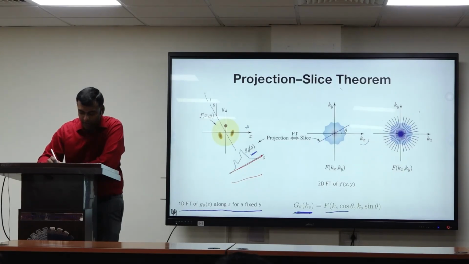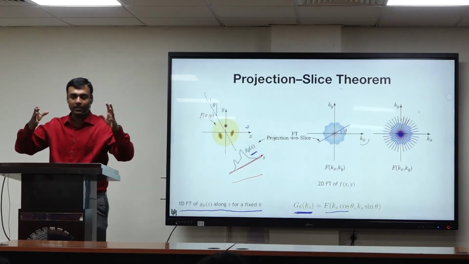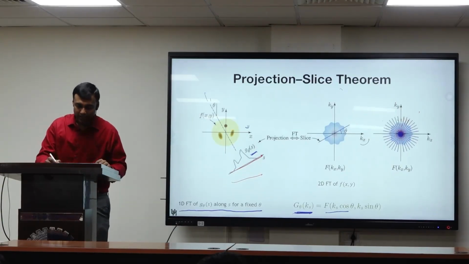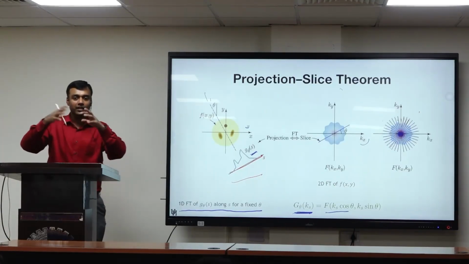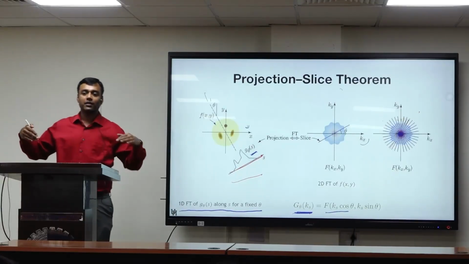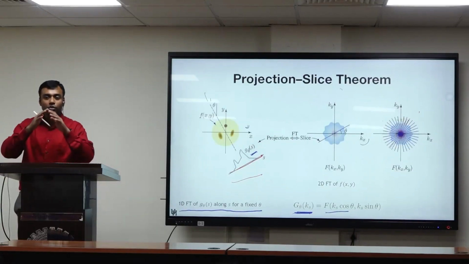You have very dense sampling here, and as you go farther away, you get gaps. As you go away from the center, you're getting less and less data. In the middle you're sampling a lot, farther away you're sampling less. So it's not uniform sampling.